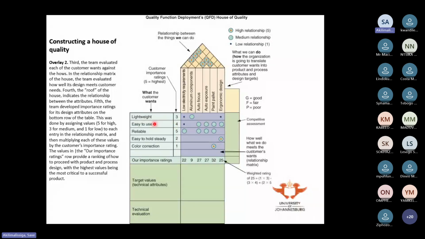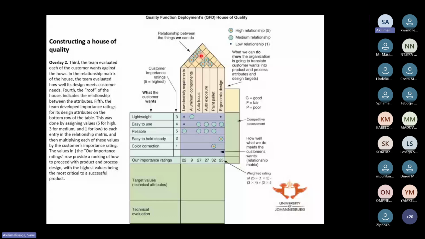Once the ratings are provided, obviously, this again depends on you as the owner of the product or of the business. Now, on top, in the roof, is the establishment of the relationships. For you to establish these relationships, you need to create a legend.